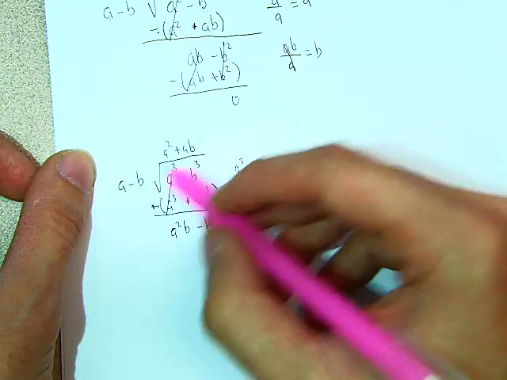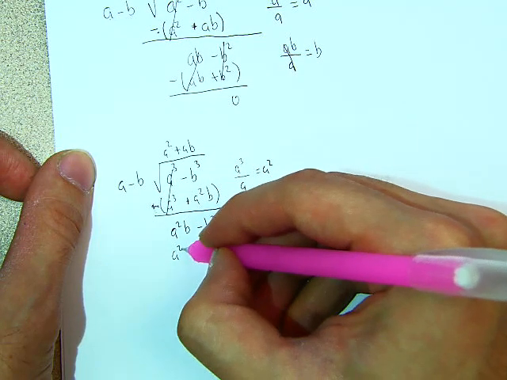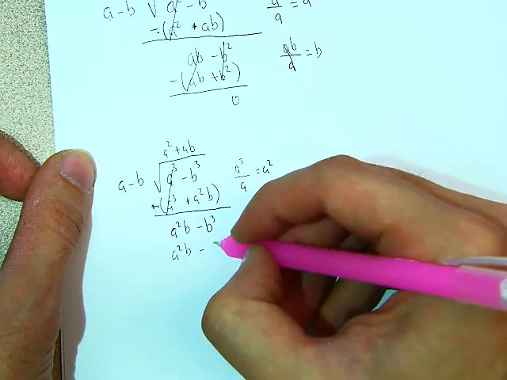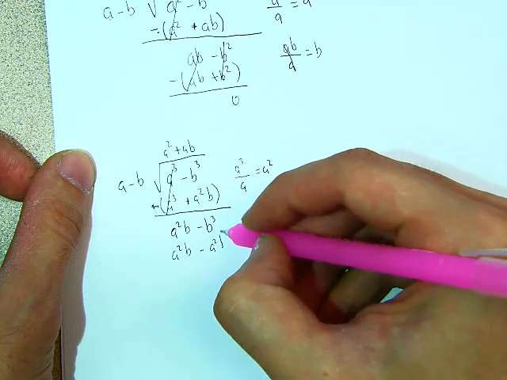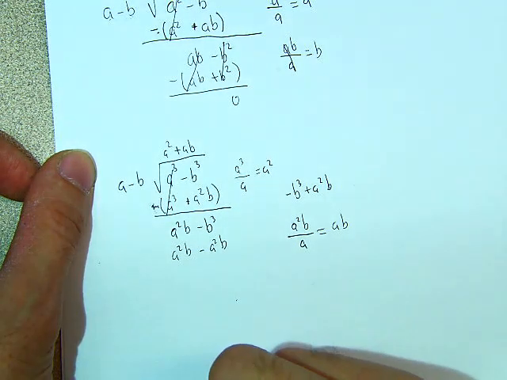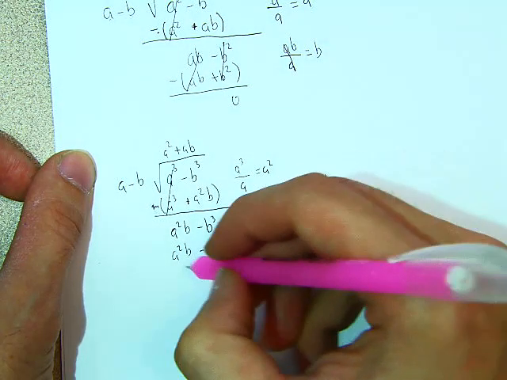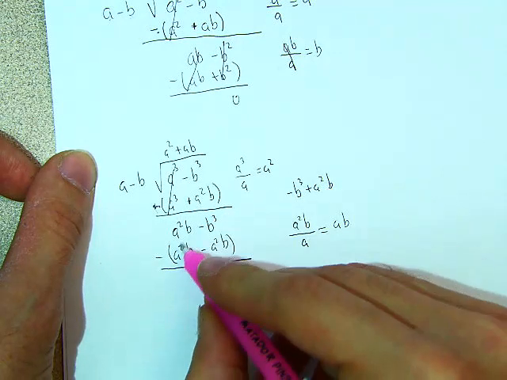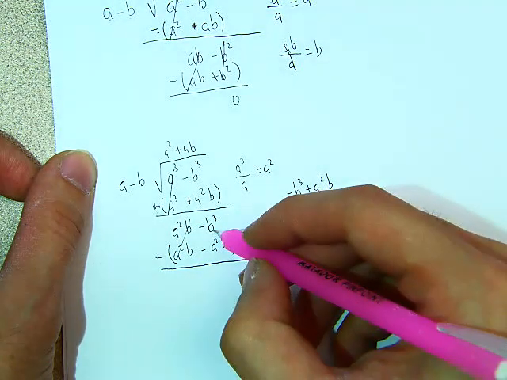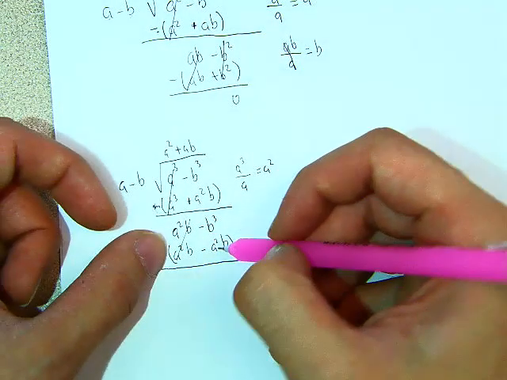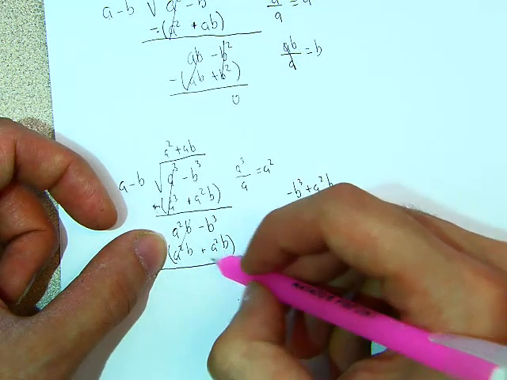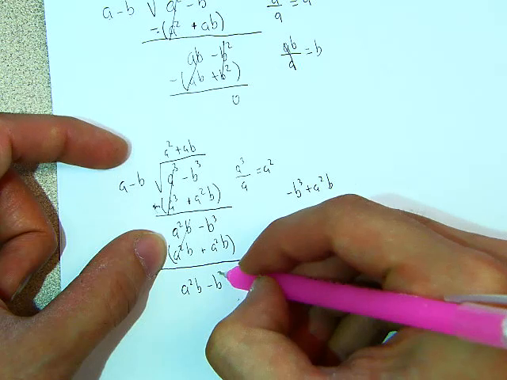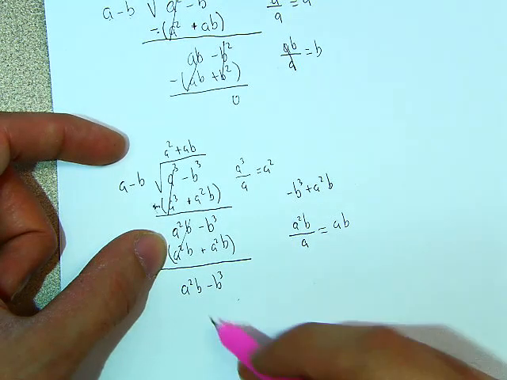And then plus ab times a is a squared b, and ab times this is minus a squared b, okay? And what do we do here? We bring both these up. This minus, and this cancels. And now you have, remember, it's minus to this that distributed as a plus, and now we have a positive a squared b minus b cubed. Okay, and then what do you ask yourself?